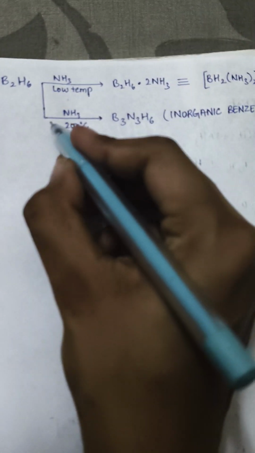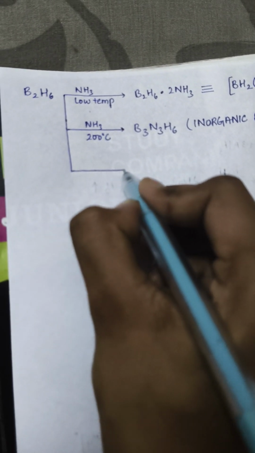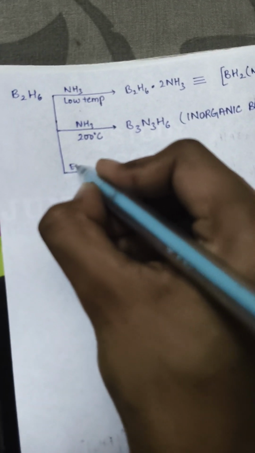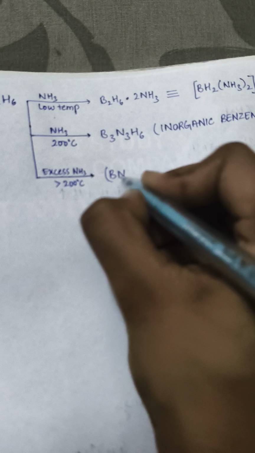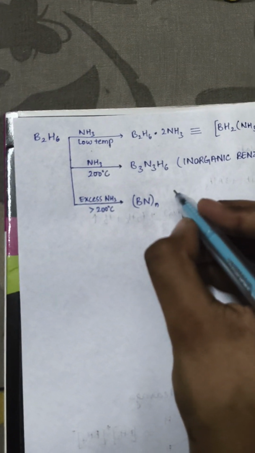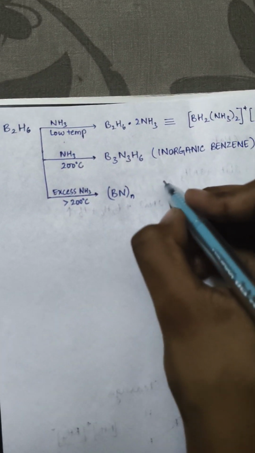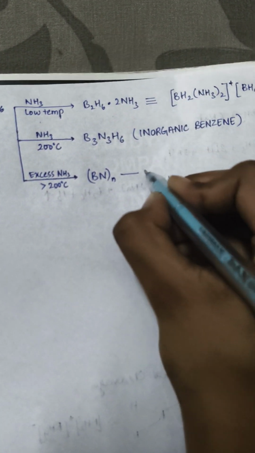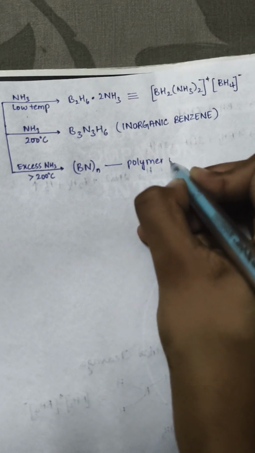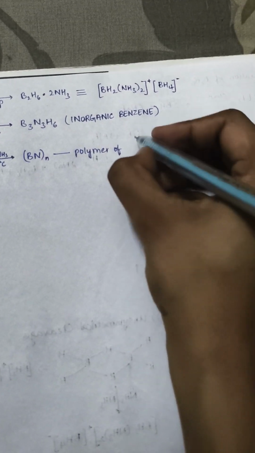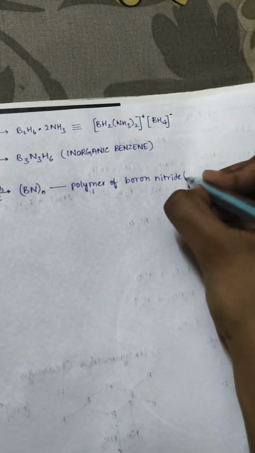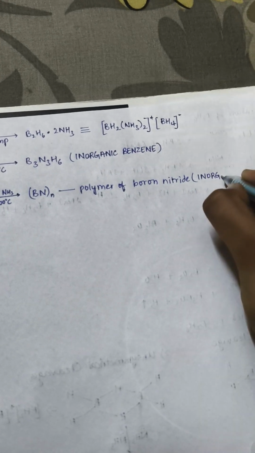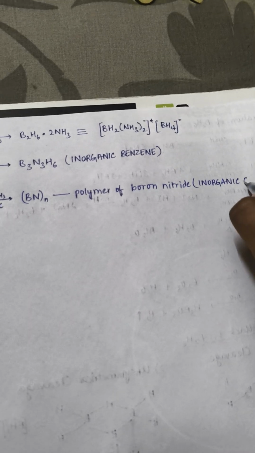And when B2H6 reacts with excess NH3 at more than 200 degrees Celsius, it becomes (BN)n, and that is basically a polymer of boron nitride, or inorganic graphite.